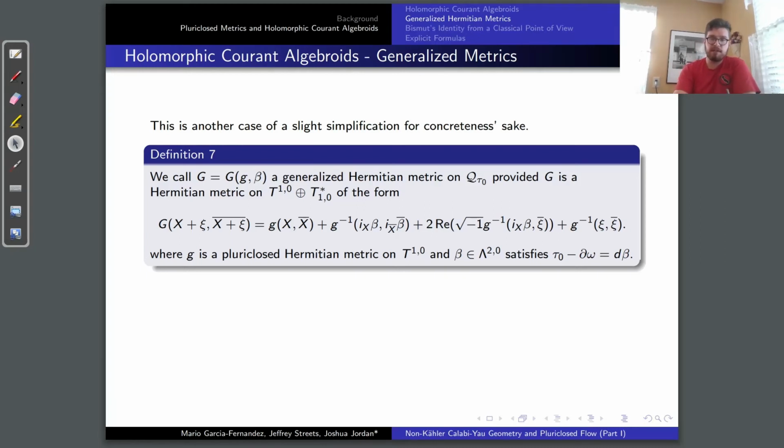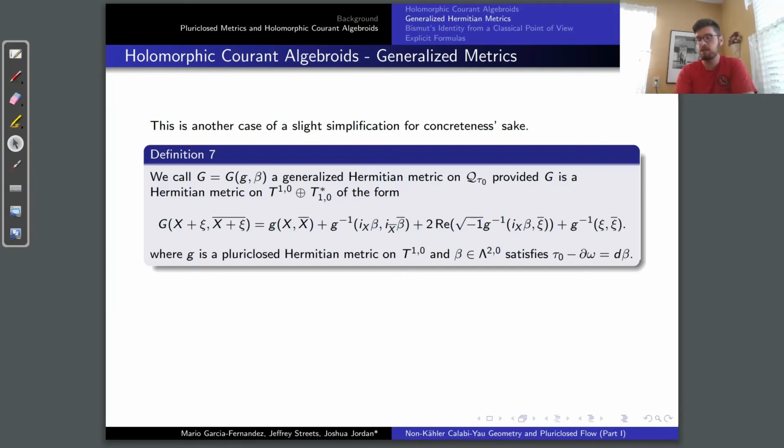You can see here, on tangent vectors it acts like G, plus G inverse on this beta form, right? This mixed part, first you hook X into beta, and then you take the inner product with xi and multiply by i and take twice the real part. And then you use G inverse on the T star part.